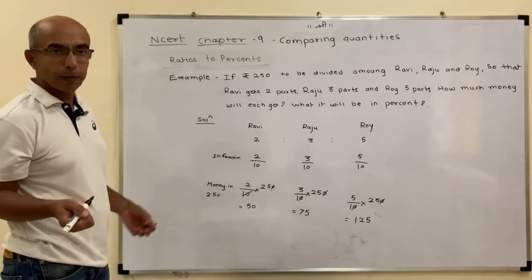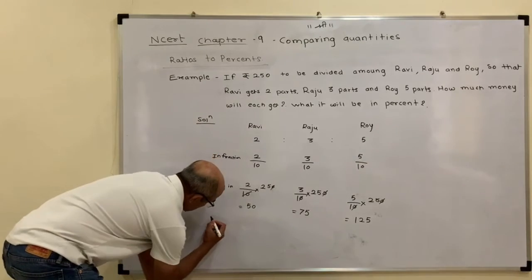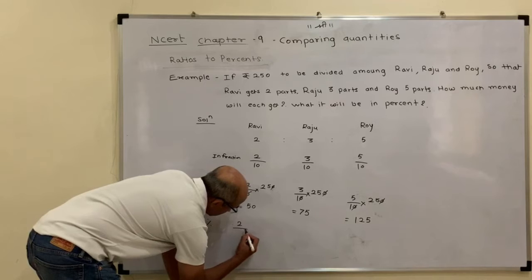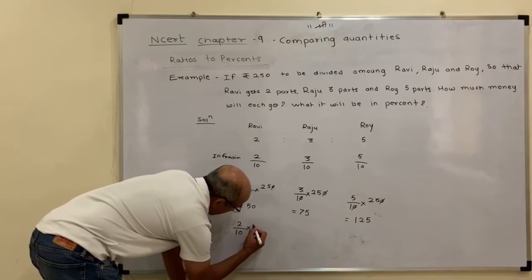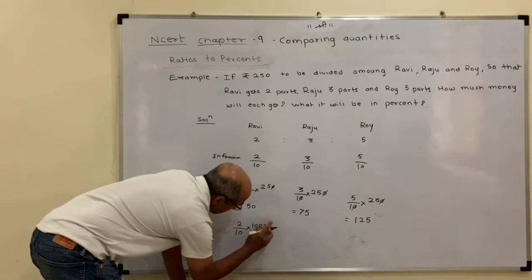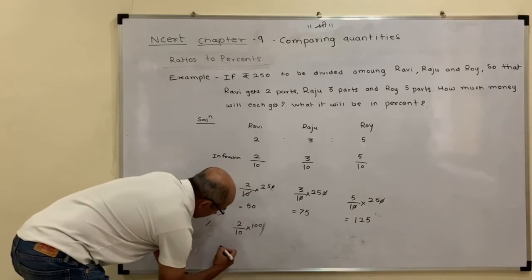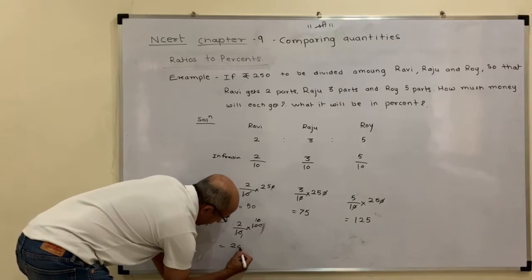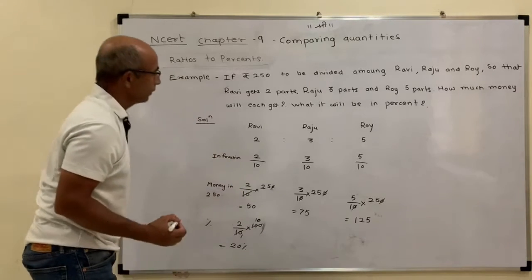Now let's find the percent. To find the percent, what do we do? We multiply the fraction by 100. 10 ones are 10, 10 tens are 100, 2 into 10, so 20% will be Ravi's share.